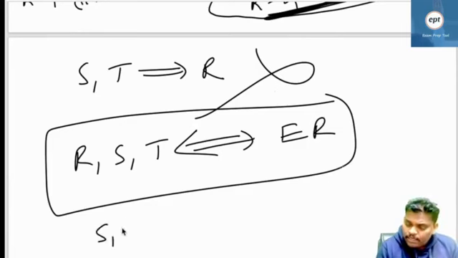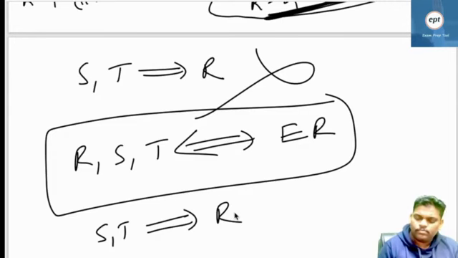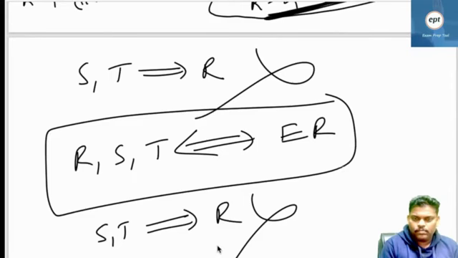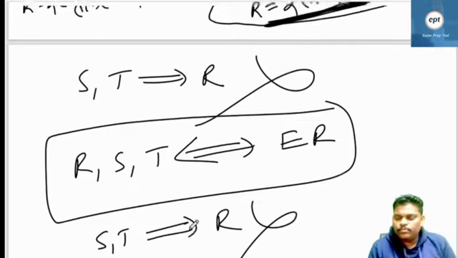But symmetric, transitive satisfied, I cannot say reflexive. Right? Yeah, go to the next problem.